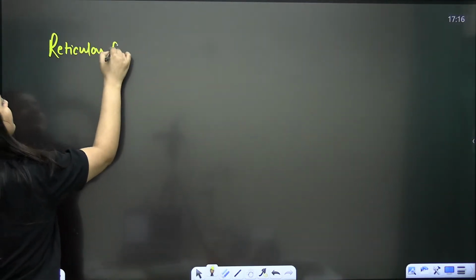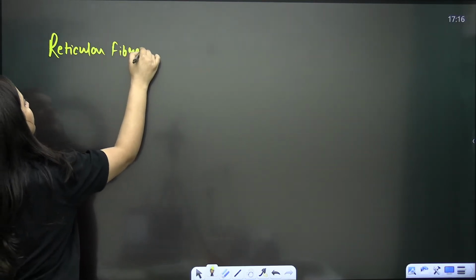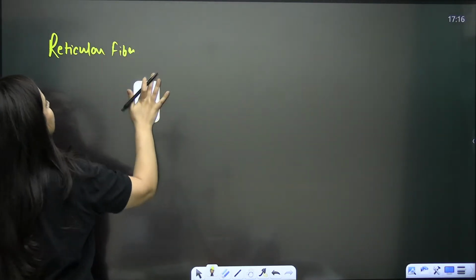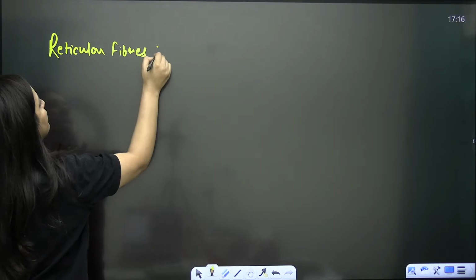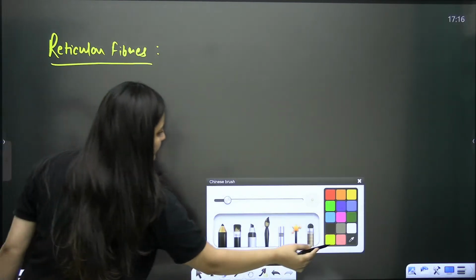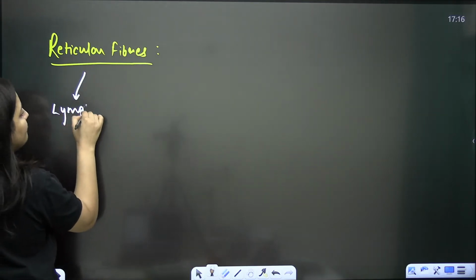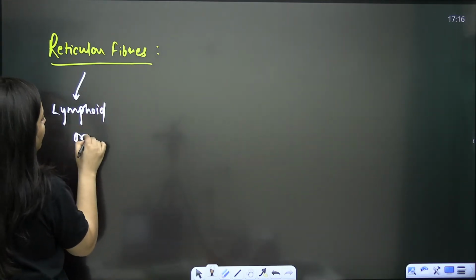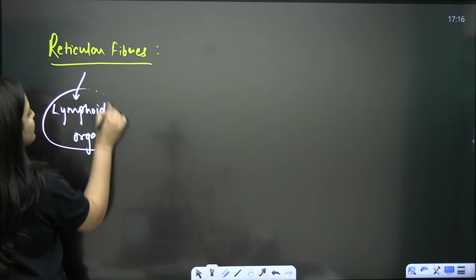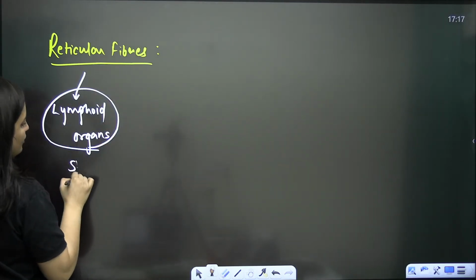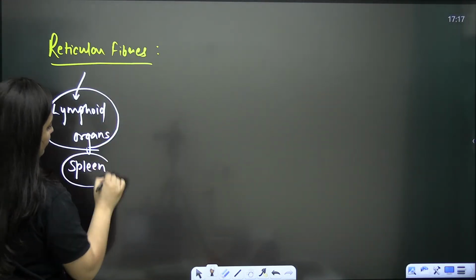Okay, same way, we are also having reticular fibers. Do you know that reticular fibrous tissue is also there? Do you know they are also making the connective tissue in the case of your lymphoid organs? So in lymphoid organs, the connective tissue is mainly having reticular fibers, like your spleen.